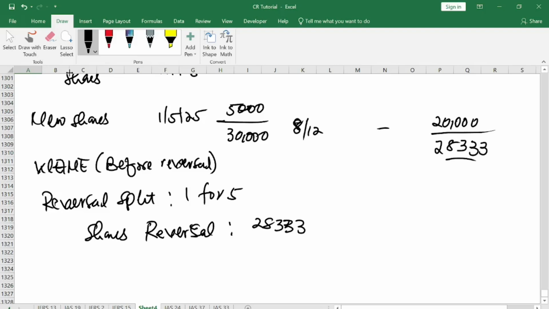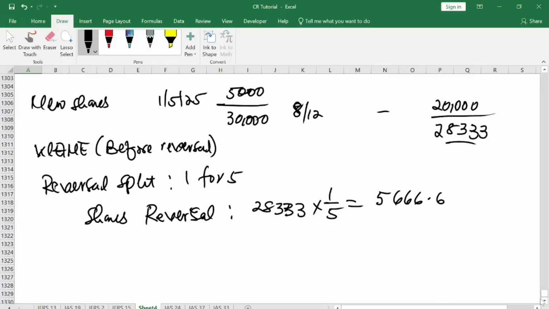So how do we do the reversal? One for five means you multiply by 1 over 5. That gives you 5,666.6. So we've reversed it.